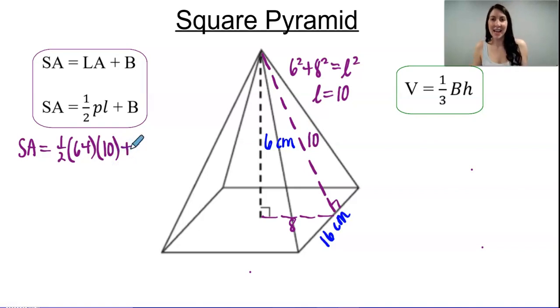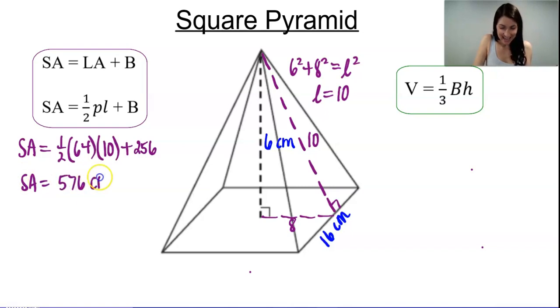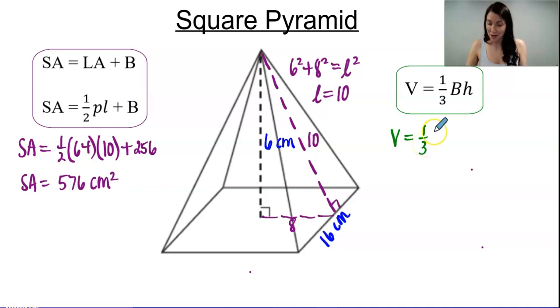Then I have to add the area of the base. The area of the base would be 16 times 16, which would give us the area of the square, and that would be 256. Adding these together, we have a surface area of 576 centimeters squared. Now let's move over to the volume. The volume of a square pyramid is 1/3 times the area of the base, which we already found to be 256, and we got that from taking one side, 16, and multiplying it by itself.